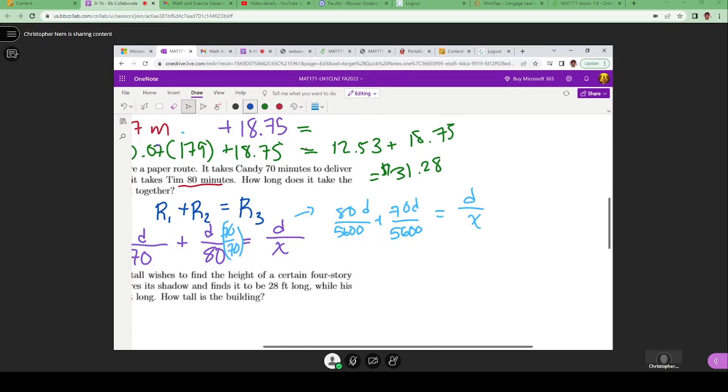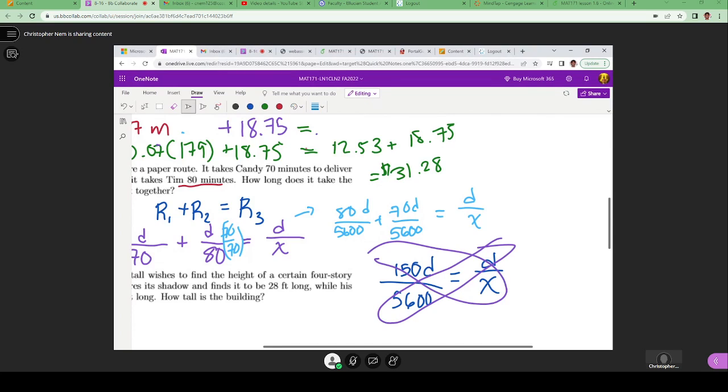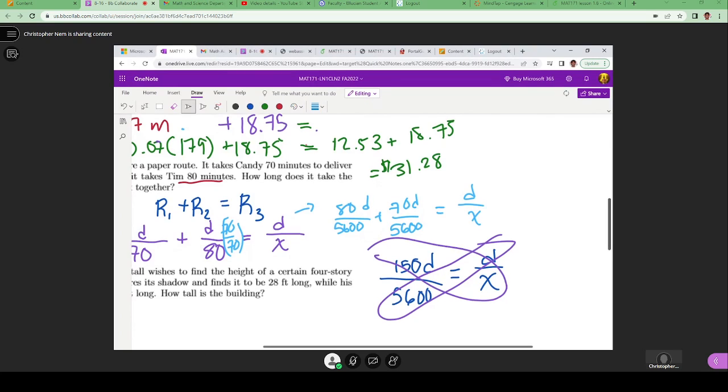Once I have the same denominators, I can add the two fractions together. So I'm going to get 150d, 70 plus 80, combine like terms, over 5,600 equals d over x. There's multiple ways to do this. You can multiply both sides by the denominator and solve for the numerator, or some people, when they see this, like to do something called cross multiplication. Let's just show that real quick.